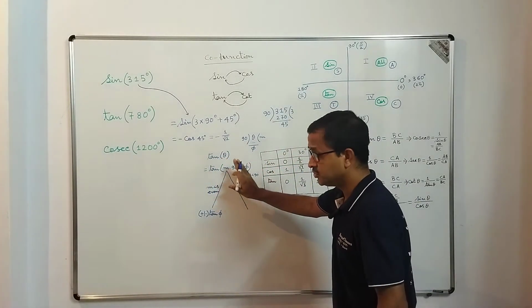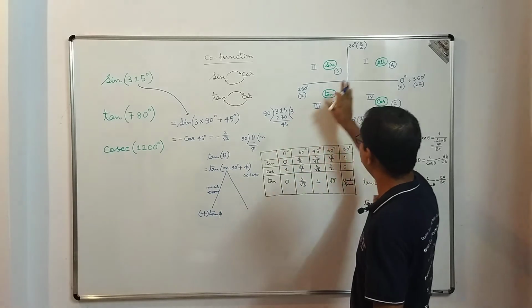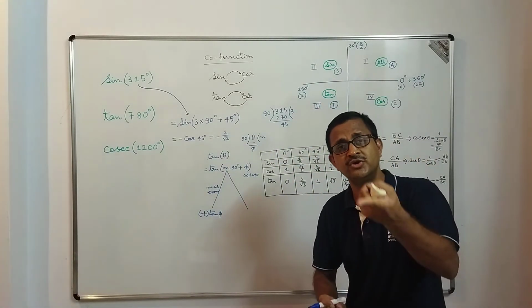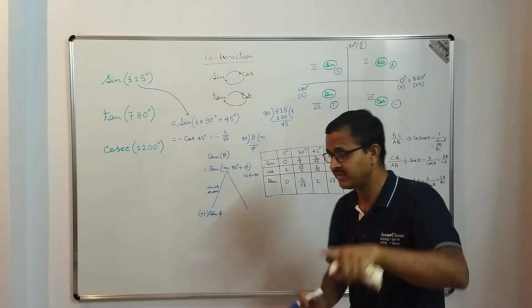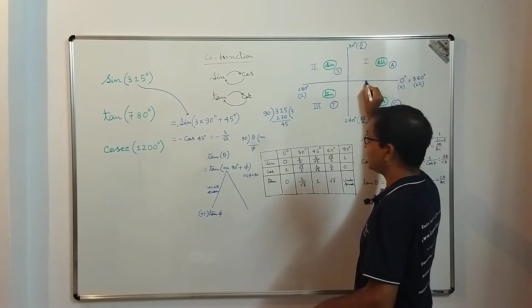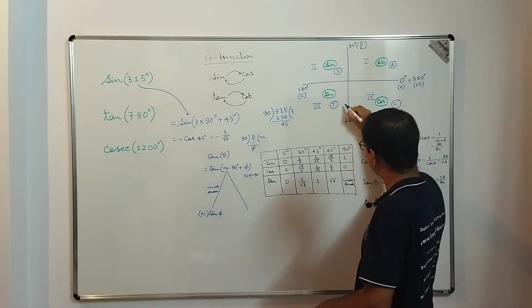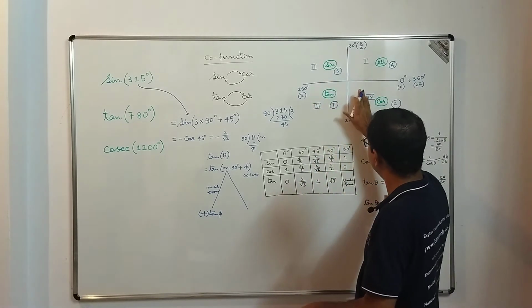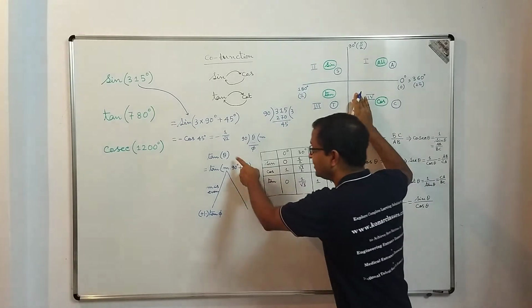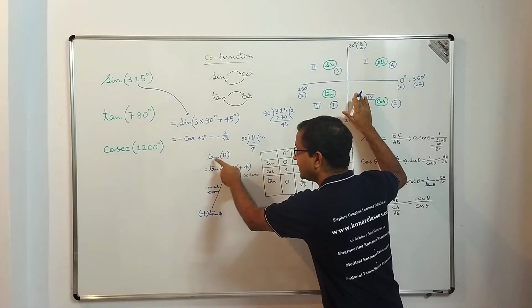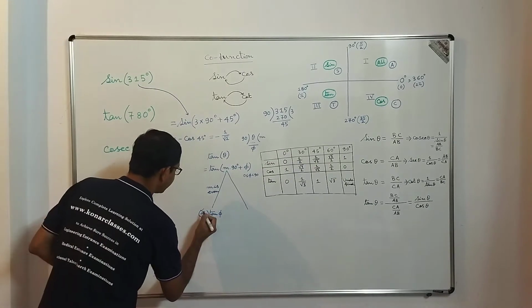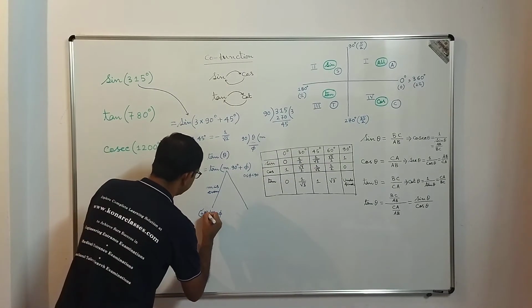To find in which quadrant theta is, we divide theta by 360 degree and reach an angle less than 360 degree, which helps us find the quadrant of theta. In that quadrant, if tan is positive, we keep it positive, and if tan is negative, we keep it negative.